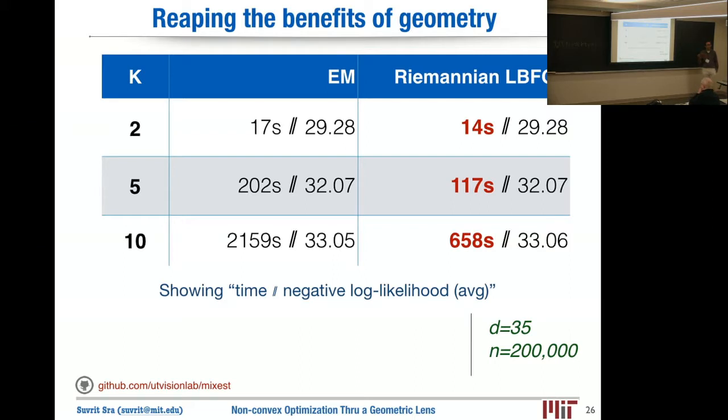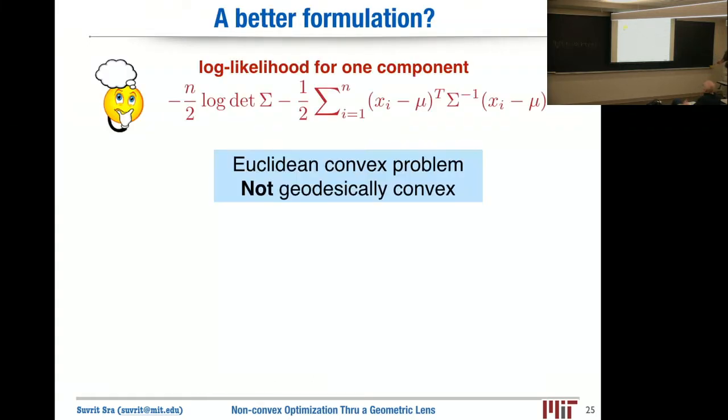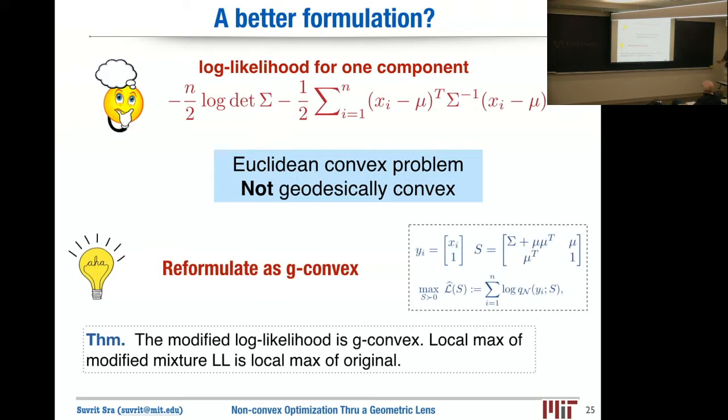You seem to be beating EM quite a bit now. Yeah. Some people have actually now built it into their toolboxes, but there is inertia, right? Because EM works better for other manifolds. This idea seems to so far work the best only for this manifold.